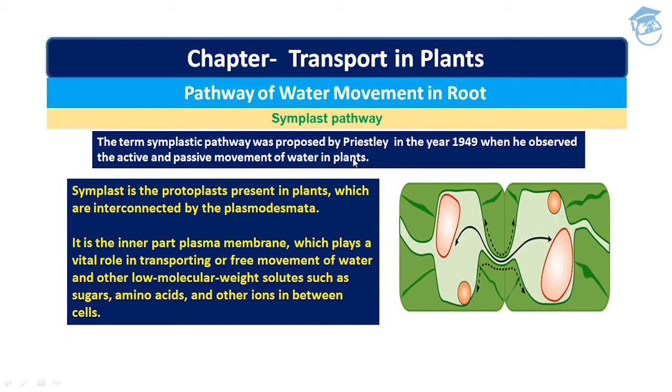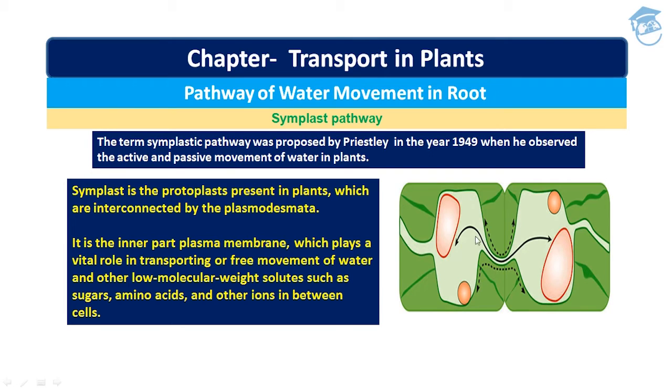Now, symplast is the protoplast present in plants, interconnected by plasmodesmata. See, this is the plasmodesmata which is connecting the two plant cells. This is one plant cell and this is another plant cell, this is the vacuole of a plant, and this is the cytoplasm.